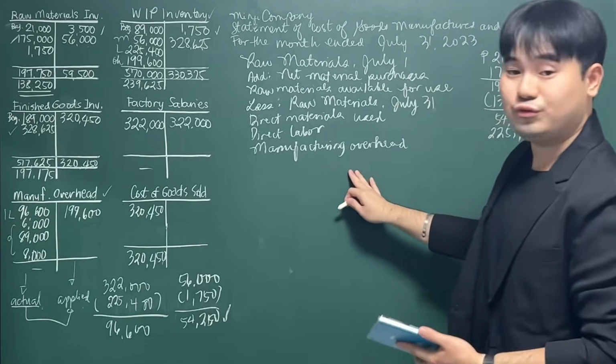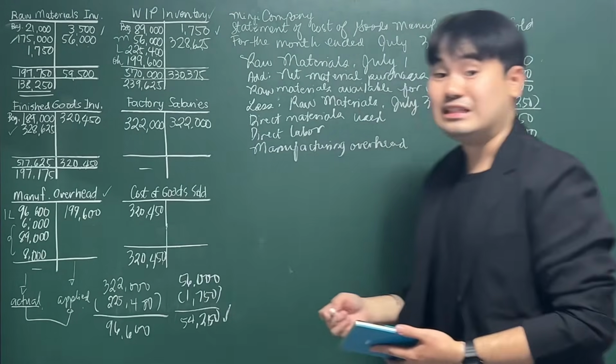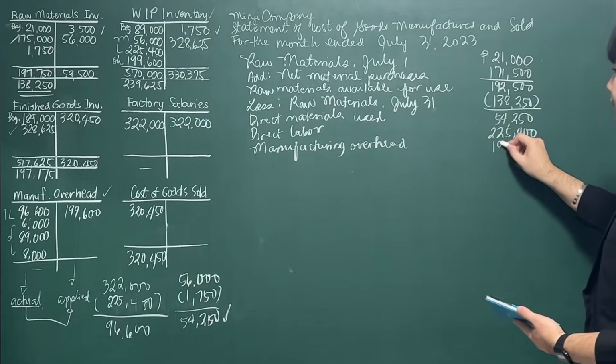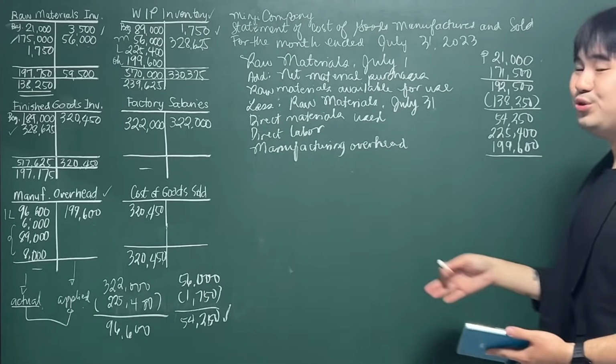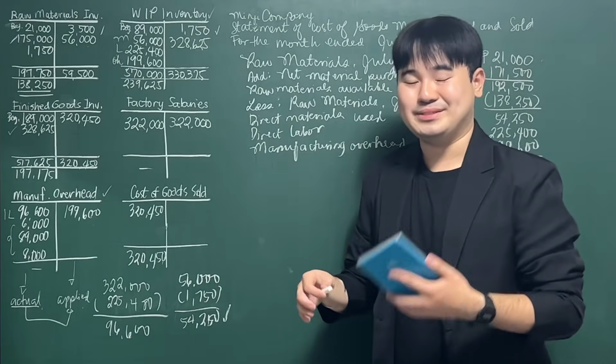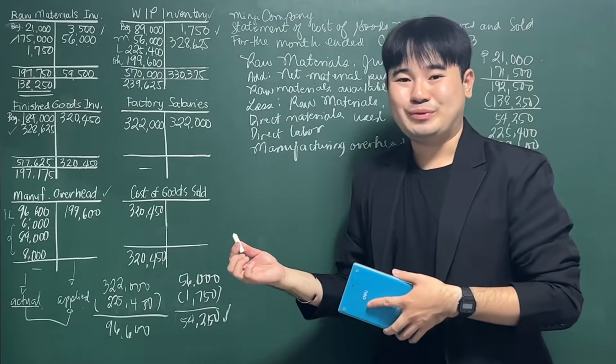Your manufacturing overhead is 199,600. As you know, these three are siblings to get your total manufacturing cost.